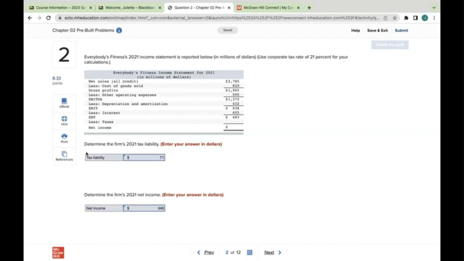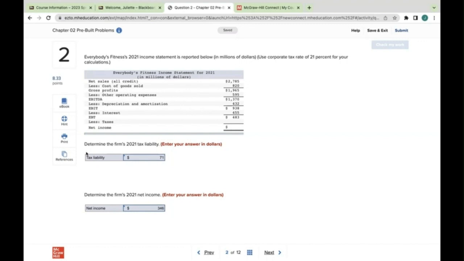EBT, earnings before taxes, this is your taxable income. Tax liability. I thought that was EBIT minus no, taxable income. Yeah. Look, EBIT is earnings before interest and taxes, so you must subtract the interest first.